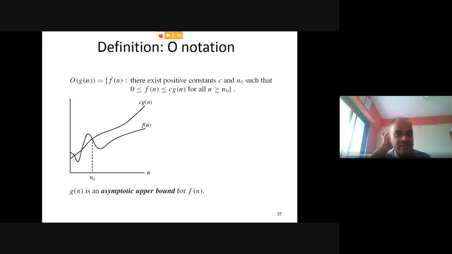So in the last lecture, we started with the notation big O. These notations are called asymptotic notations. Asymptotic means they are limiting functions. There will be a given function, and we want to limit that given function with the help of some easier function.